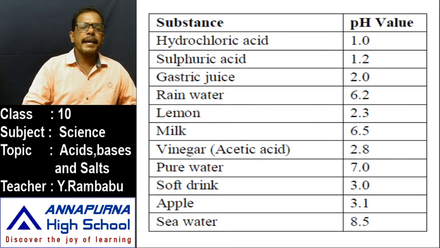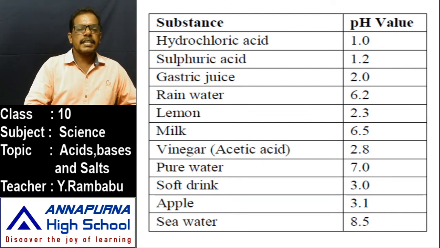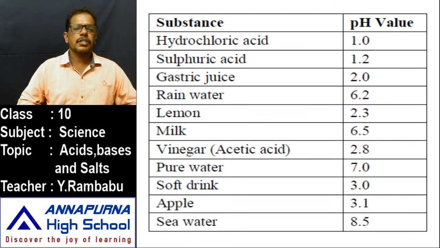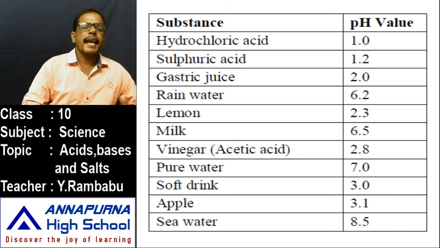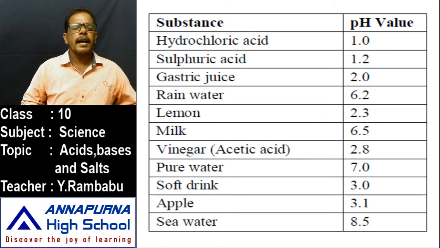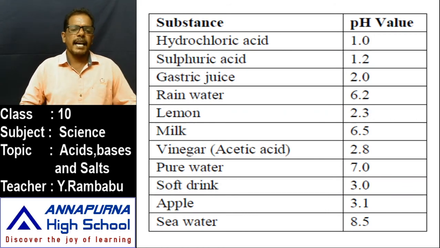Then if you compare gastric juice and lemon juice, the pH value of gastric juice is 2 and the pH value of lemon is 2.3. That's why gastric juice is a strong acid, and the acid present in lemon juice is a weak acid.